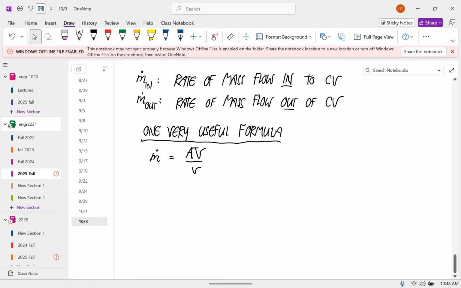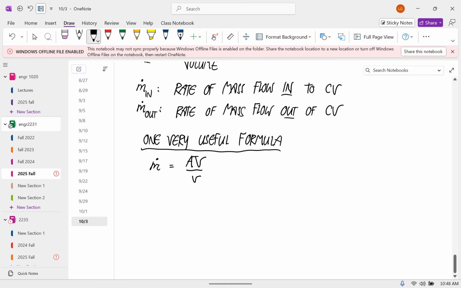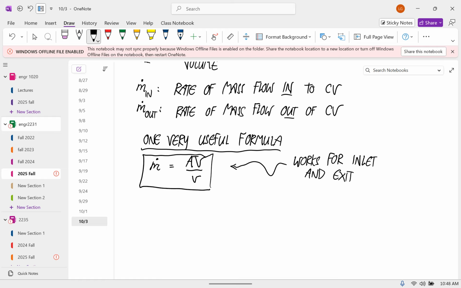Okay, so let me write those meanings down. This works for the inlet and the exit. A is the area of the inlet or exit.